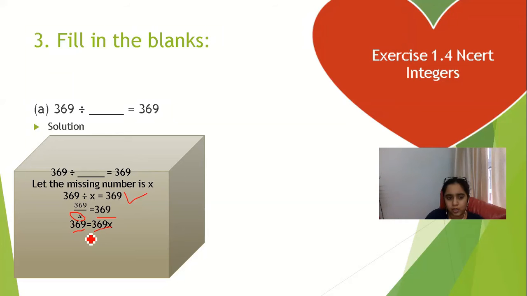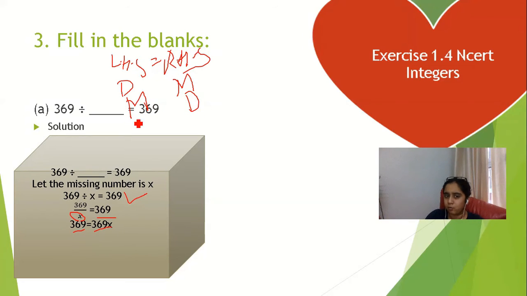I have told you in my previous video also that if a number on the left hand side is in a divide position, and it goes to the right hand side, it will become a multiply, and when it is in a multiply position on the left hand side, it will become a divide form on the right hand side.